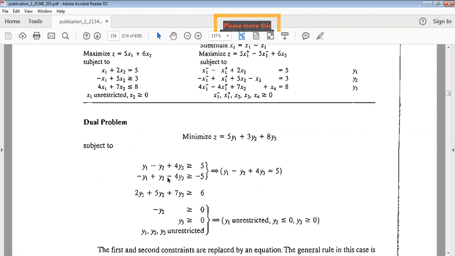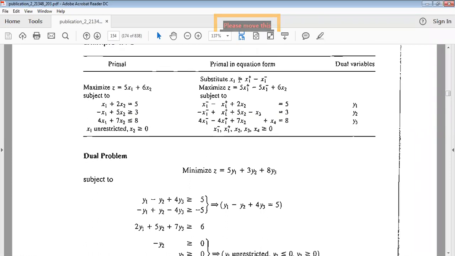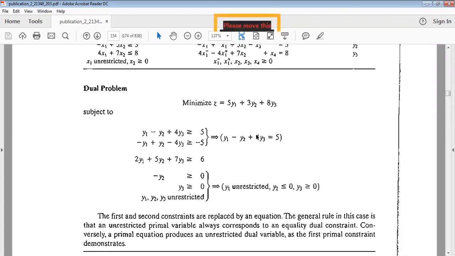So therefore, if you are unable to add, substitute x1 is equal to x1 plus minus x1 minus, you need not go for this. So directly you can put x1, all these things. You will yield this particular equation.